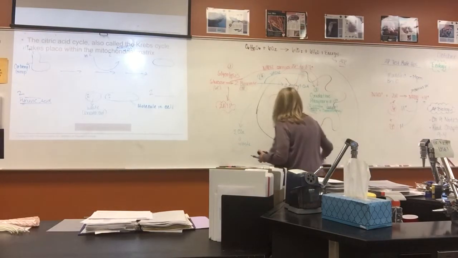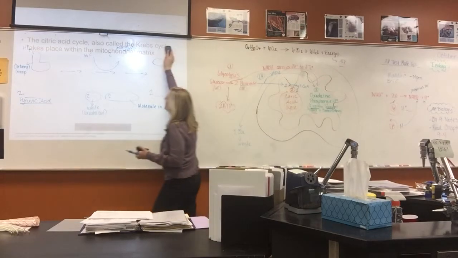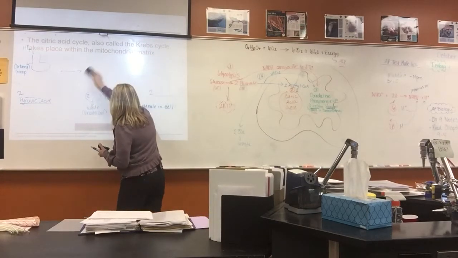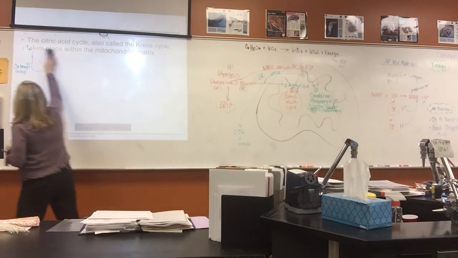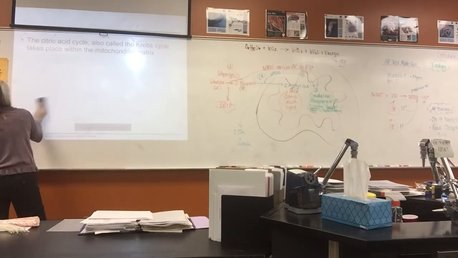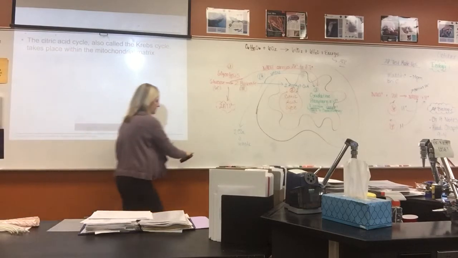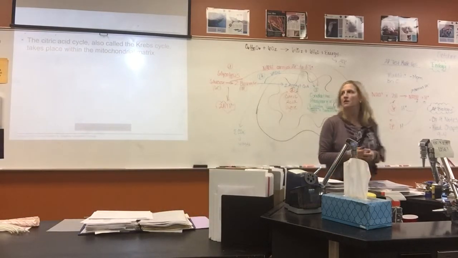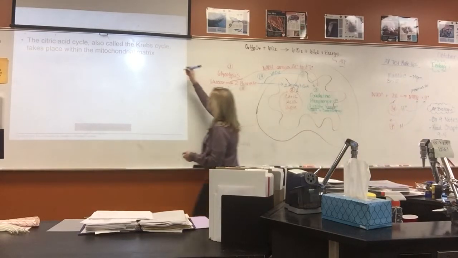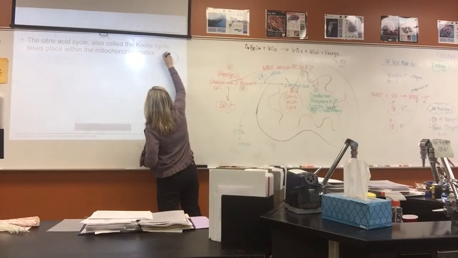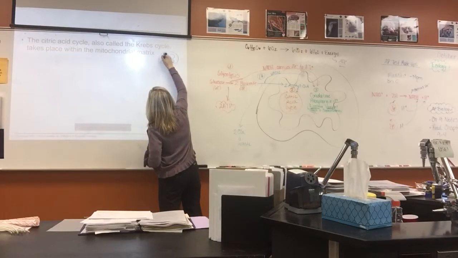All right, so let's look at what happens in the citric acid cycle. Citric acid cycle is also called the Krebs cycle, from the scientists who discovered it. And it takes place within the mitochondrial matrix. If I drew a little mitochondria here, where's the matrix in the mitochondria?